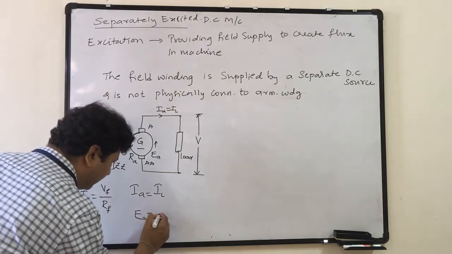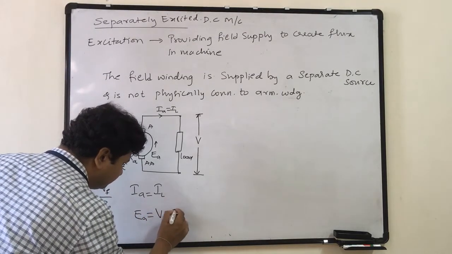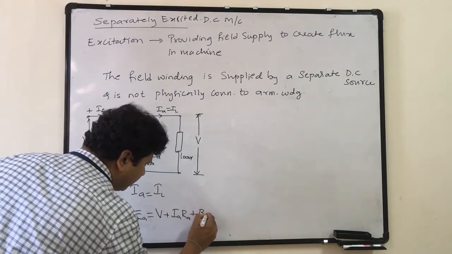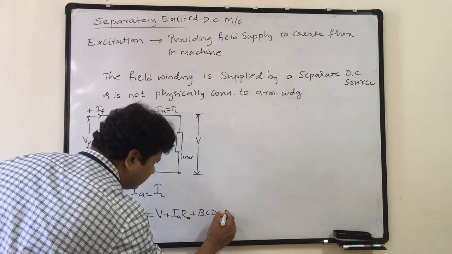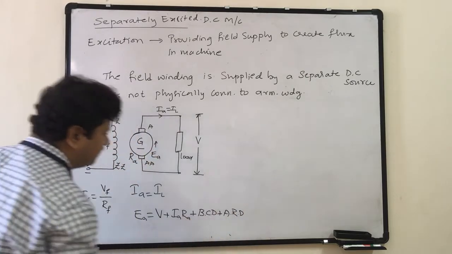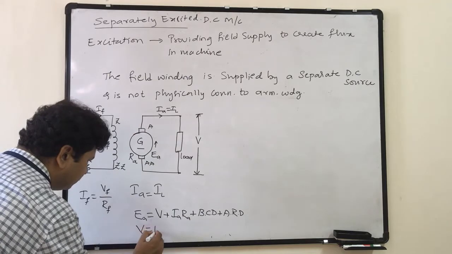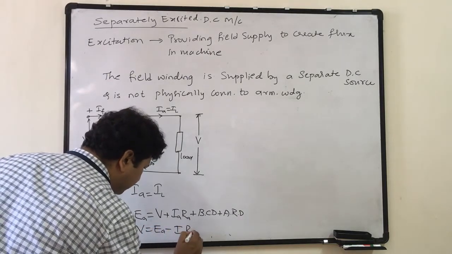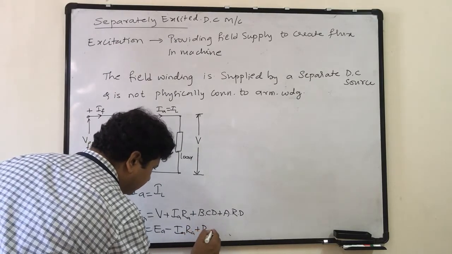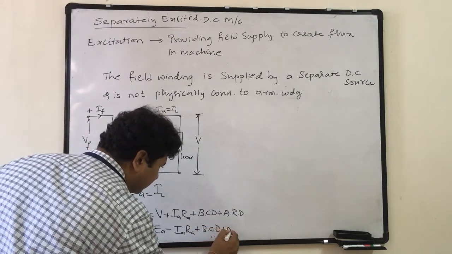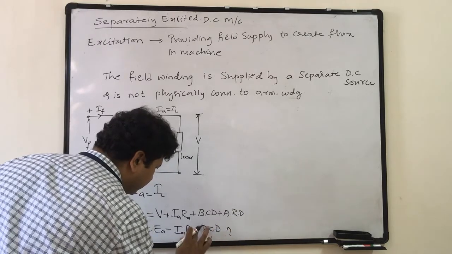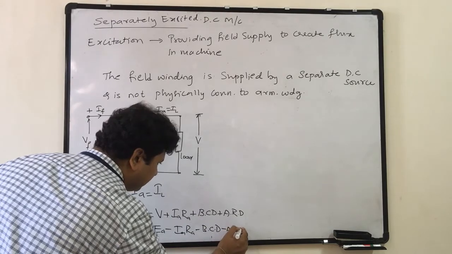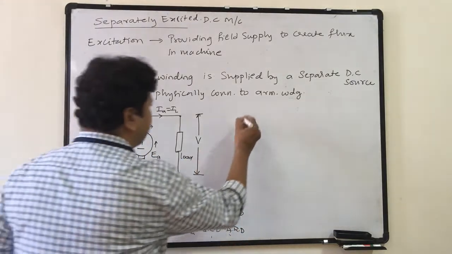So therefore I can write EA equals V plus IRA plus brush contact drop plus armature reaction drop, or V equals EA minus IRA minus brush contact drop minus armature reaction drop.